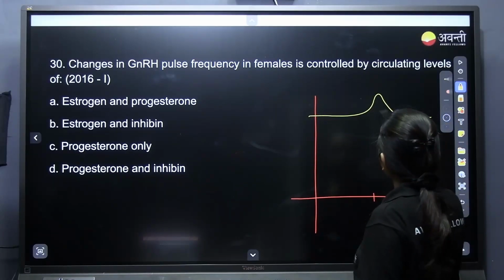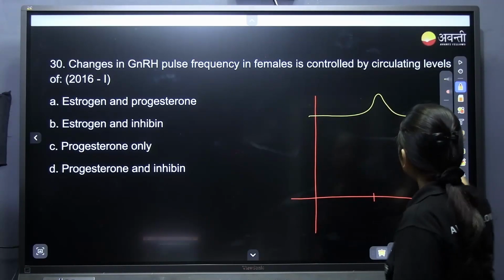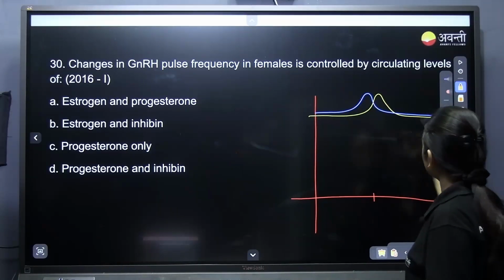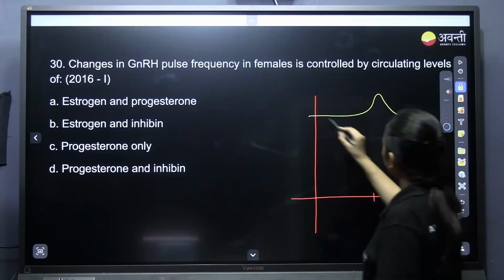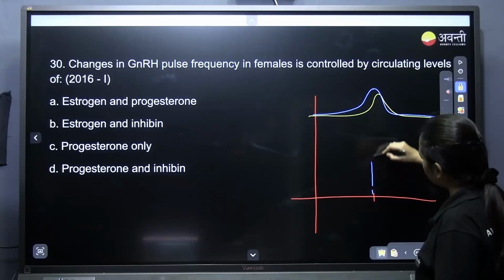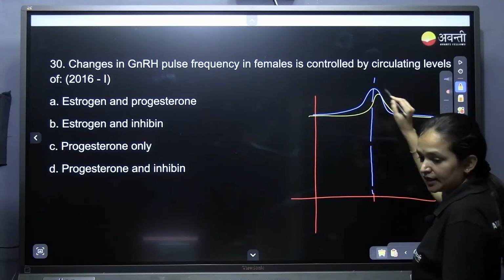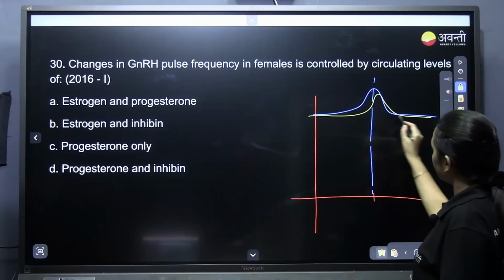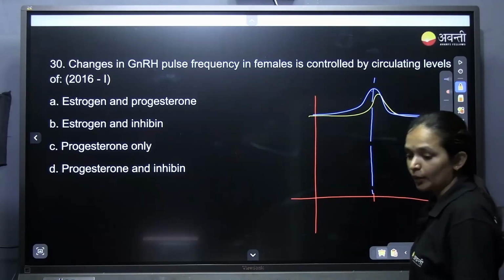LH surge will be there, as well as FSH will also be at high concentration. Only during this particular time these will be highest. Otherwise, LH and FSH are lowest on other days. Why?